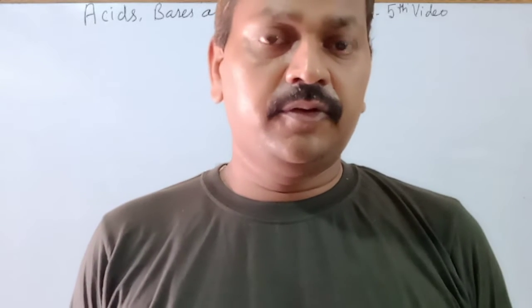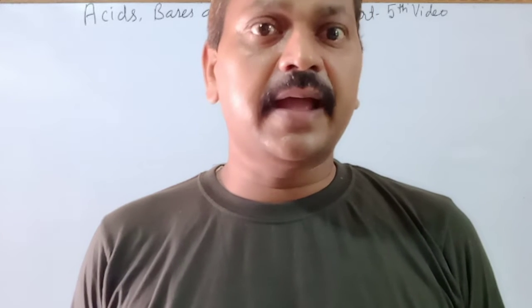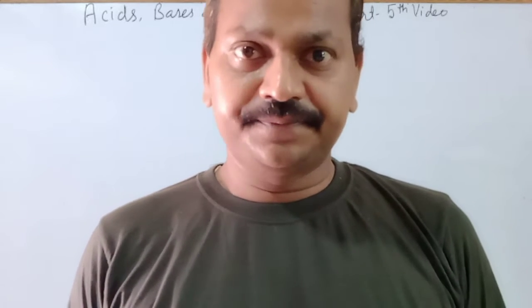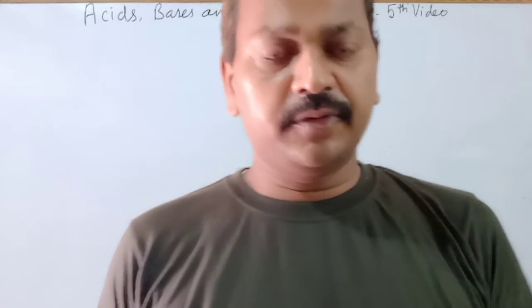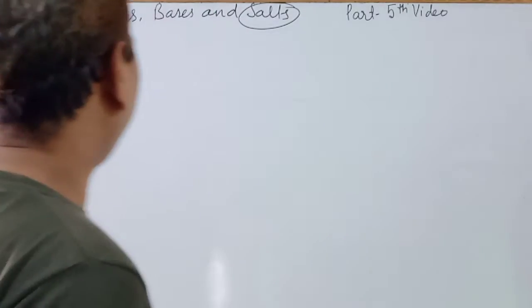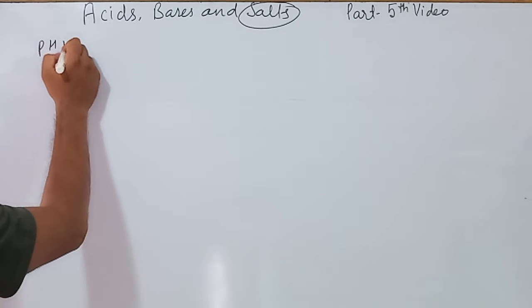Next, today in this video, we will start with expressing alkalinity or acidity in terms of pH. So this is the topic of this video: expression in terms of pH value.